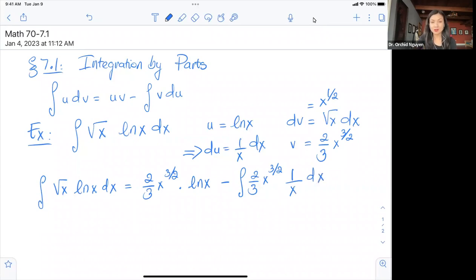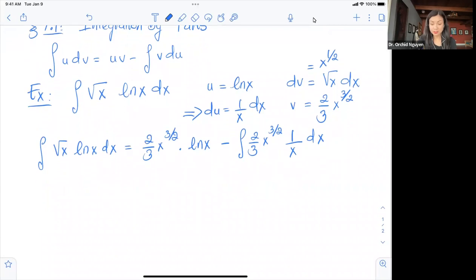Okay. So you can see right here, we should simplify it.